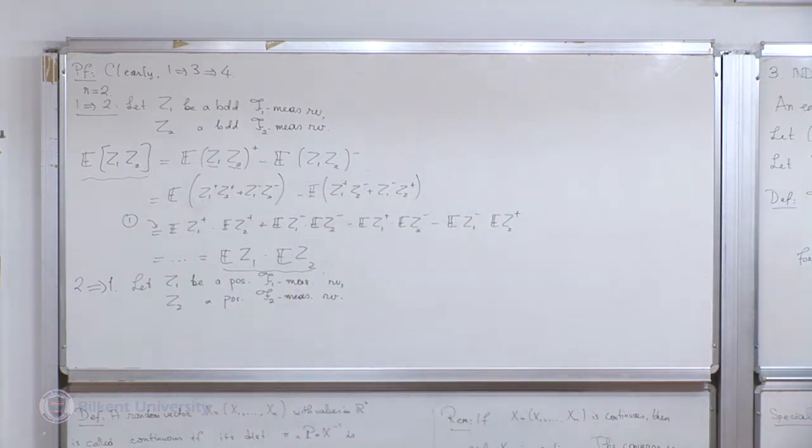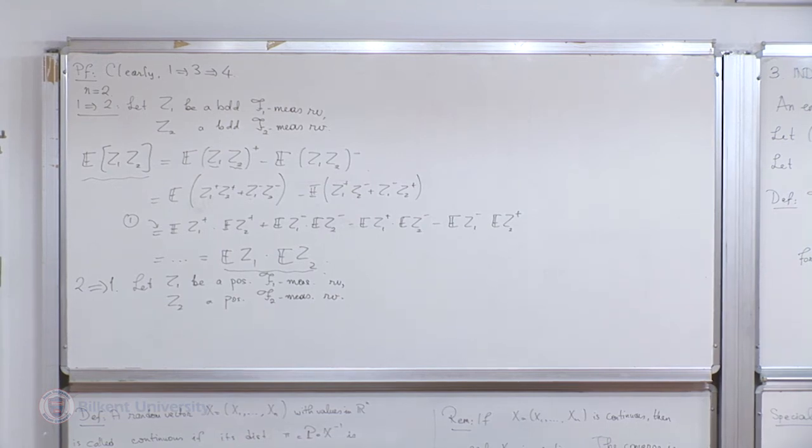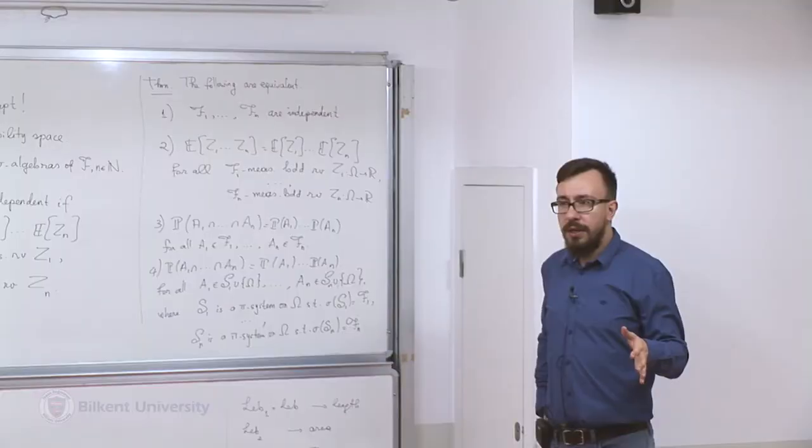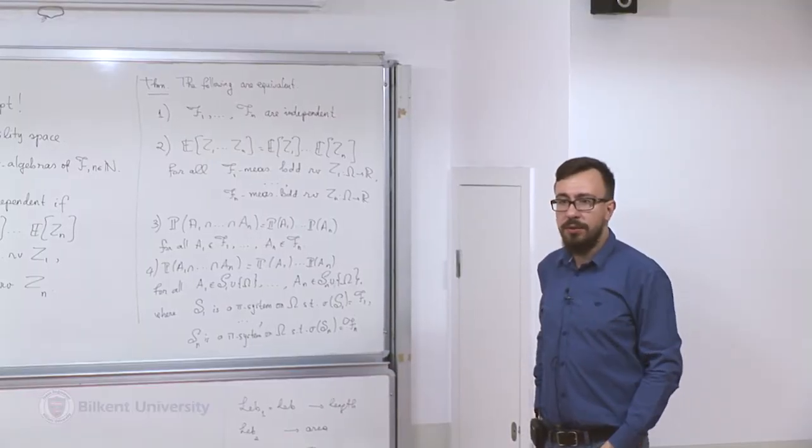So now we need some bounded random variables. Okay? Can you come up with some bounded random variables? If you're given some positive measurable random variable, can you associate some bounded random variables to it?